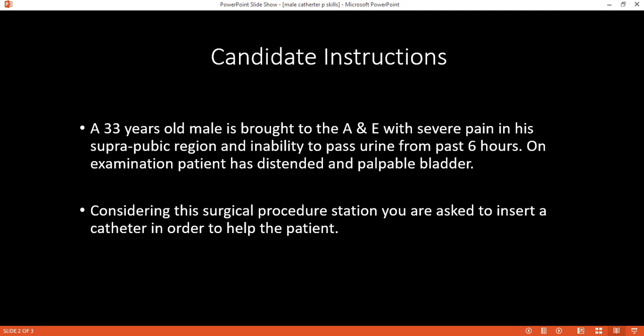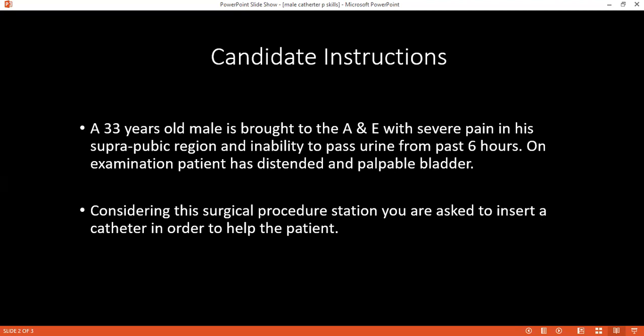If I see urine coming out of the catheter, then I will inflate the balloon of the catheter with 10 ml of distilled water.